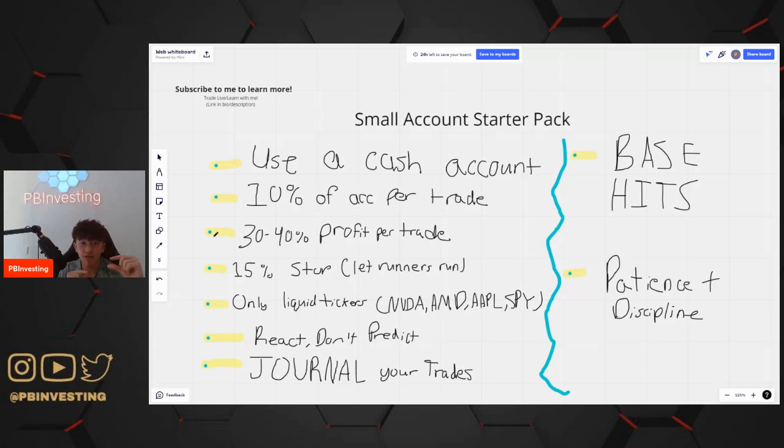I take half off at $1.30 for 30%, correct? And then I put my stop loss on the other half of my contracts at $1. And as the stock goes up, I move the stop loss up. So it's a trailing stop loss. That means as the stock goes up, I'm riding the momentum until we stop, so that I can maximize my gains, maximize my reward.